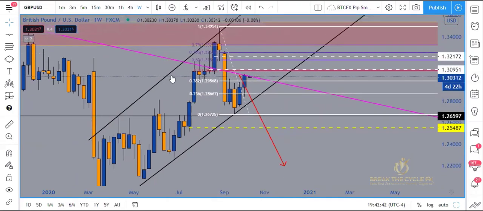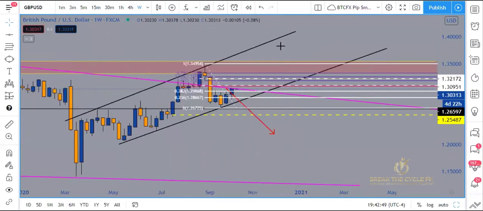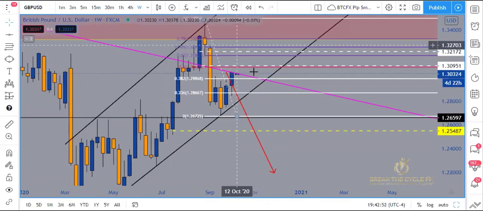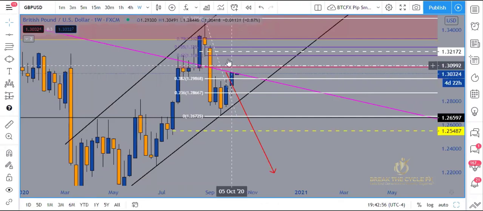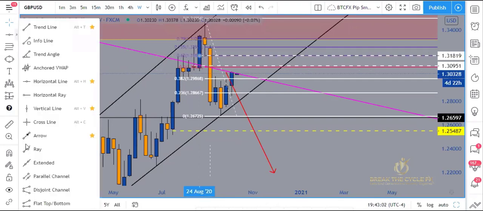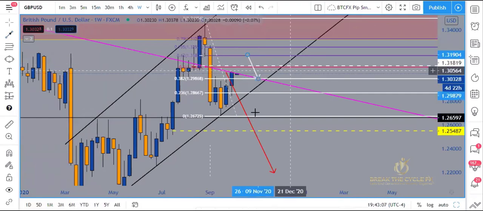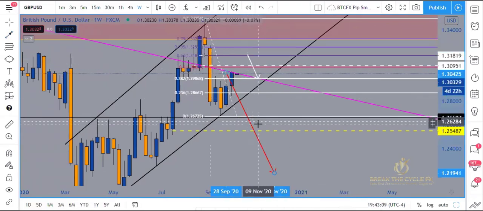Keep in mind, we do have our bigger formation here, so we have to see if it breaks all of this. It has some pretty strong levels to break up here. A lot of people are going to be looking for the 50 retrace. I wouldn't mind seeing the 62 retrace, pulling up to the 62 and a possible push back down.